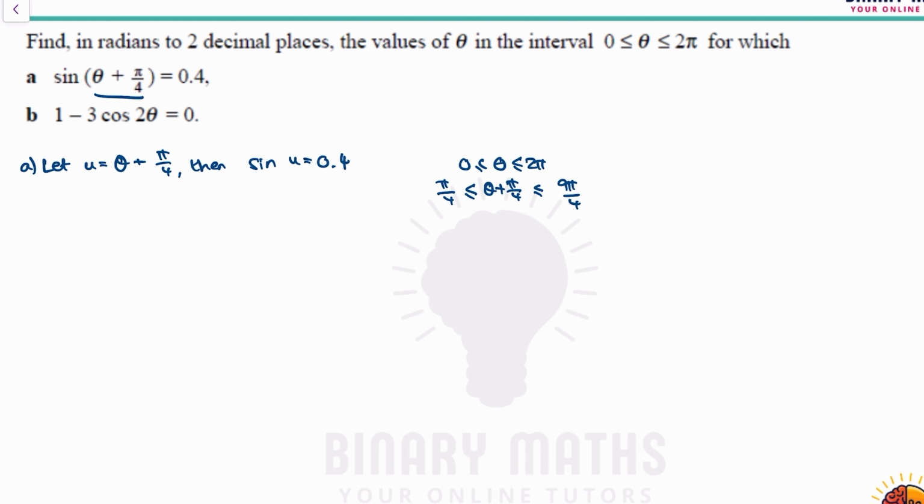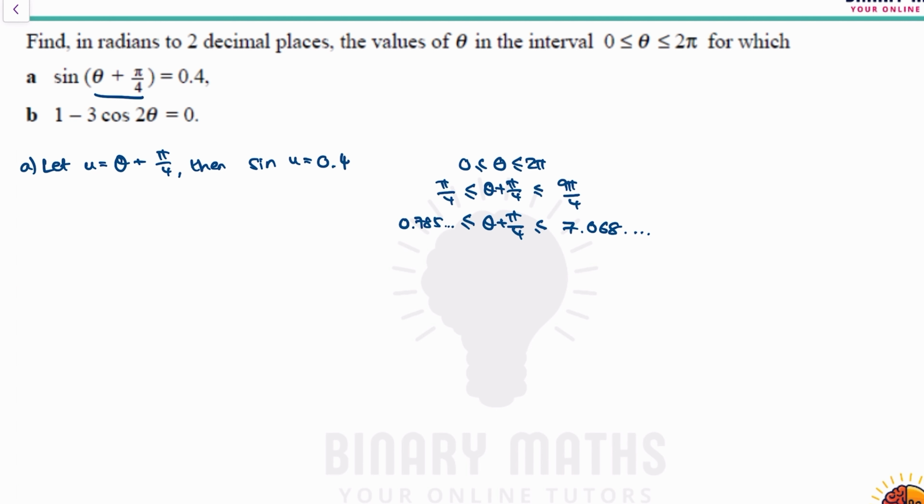If I put these endpoints of the range into my calculator, because I don't know what 9 pi over 4 is, it's approximately 7.068, and pi over 4 is 0.785. So I'm looking for solutions between 0.785 and 7.068.